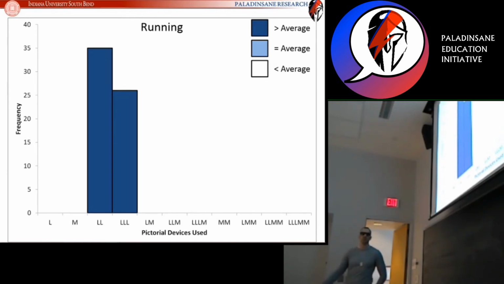The statistics we did on this, we won't go into, but anything that is blue, these dark blue bars, those are combinations that were used way more often than you would expect by chance, right?